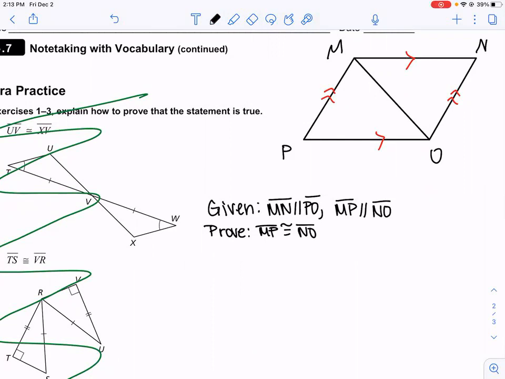It'd be very helpful to label MNOP. We're gonna do a proof for this one. We're just using the blank space here, people, just trying to be efficient with your materials.